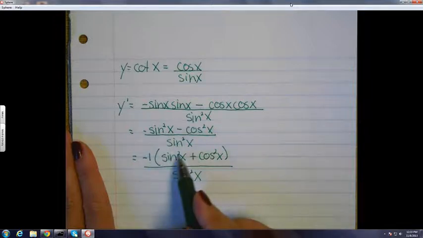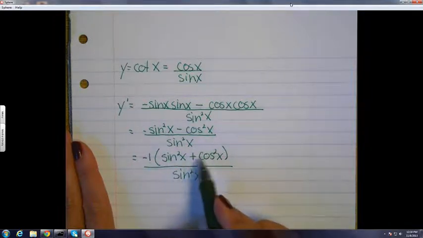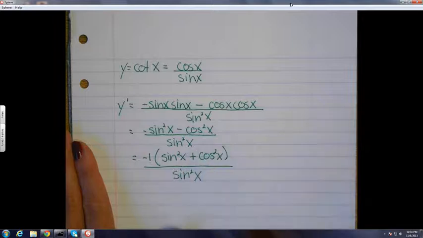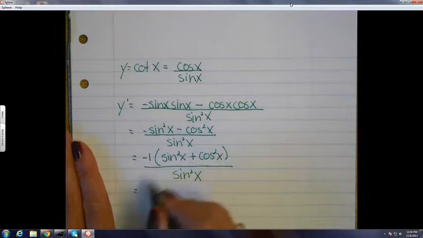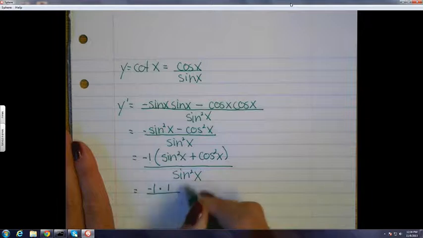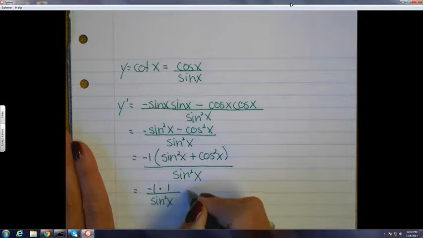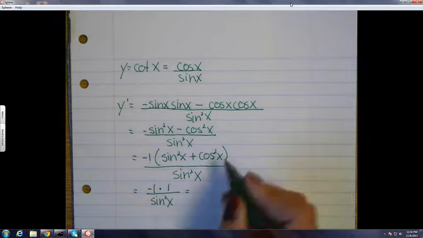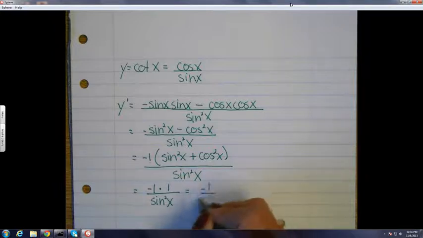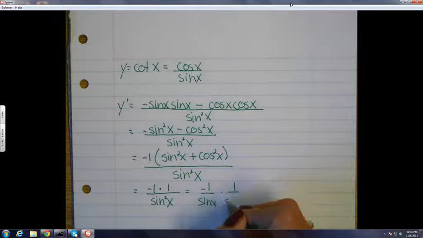If I distribute the negative 1 back in, I'm right back to what I had. This is that Pythagorean identity again. This simplifies to 1. Sine squared plus cosine squared does equal 1. So, that'll be negative 1 times 1 over sine squared. And I think you can see the two fractions we're going to break it up into. Negative 1 over sine times 1 over sine.